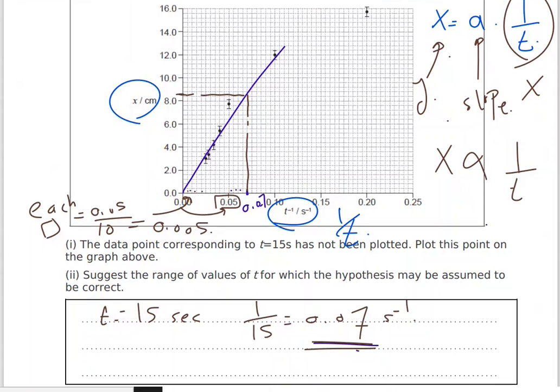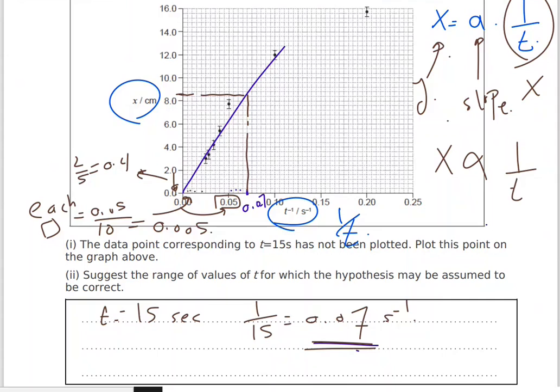Now on the vertical line, I have 2 divided by the number of squares, 5, so each square represents 0.4. And here we have around 2.5 squares times 0.4, which gives us 1.